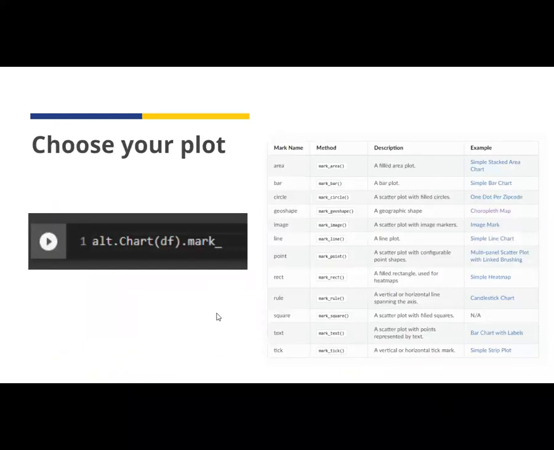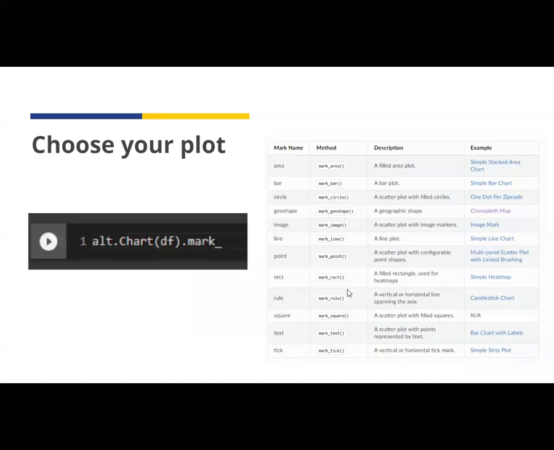Unlike other packages or other languages that you may have used in the past, we actually specify what type of plot we want after calling in our data frame. And these are just a few listed here that might be interesting to you. For example, if you want to use a bar plot, it's just mark_bar.